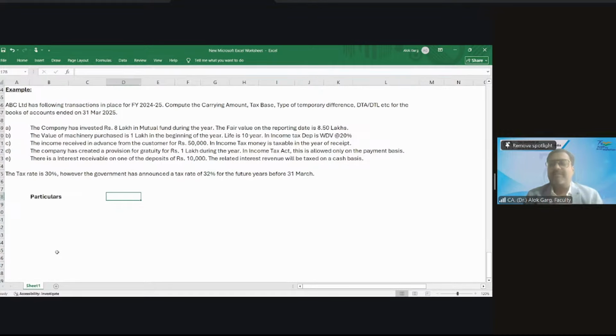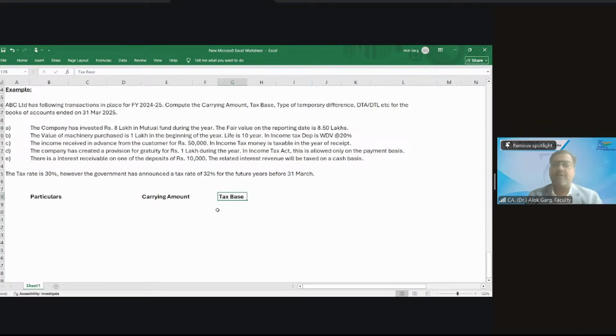What is my step number 1? Computation of carrying amount. What is my step number 2? Computation of tax base. Step number 1 is computation of carrying amount, step number 2 is computation of tax base.